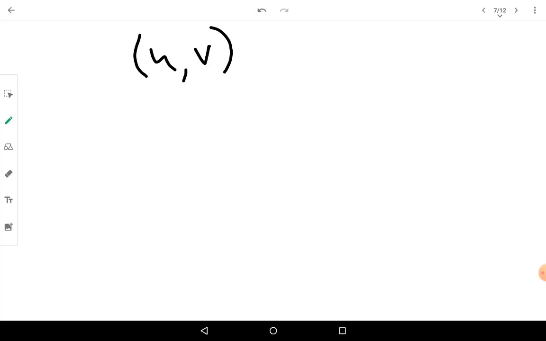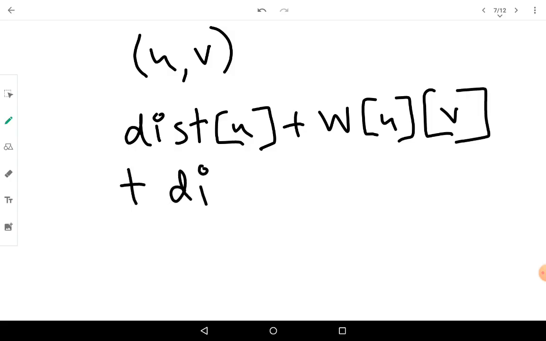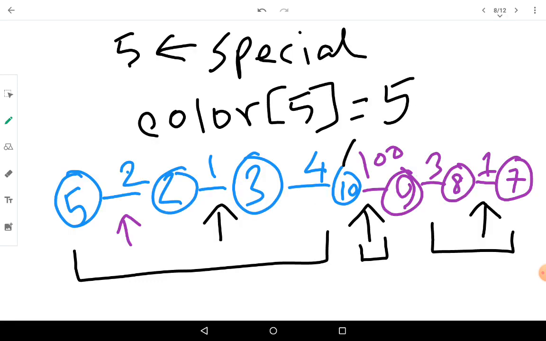So now we can say that the path from the special node which has colored U to the special node that has colored V can be decomposed in this way: distance of U plus edge weight of UV plus distance of V. So in our example, 10 will be the node U and 9 will be the node V.